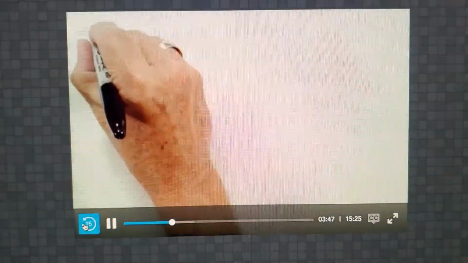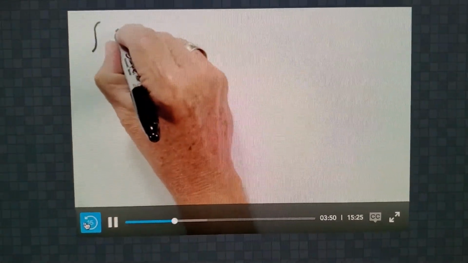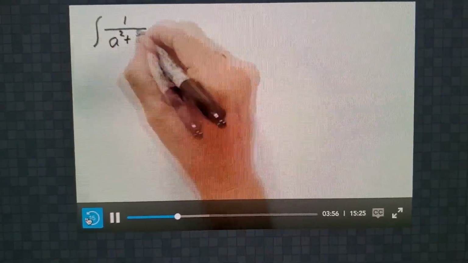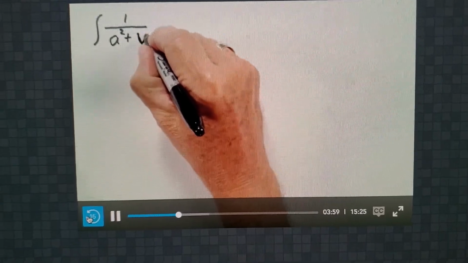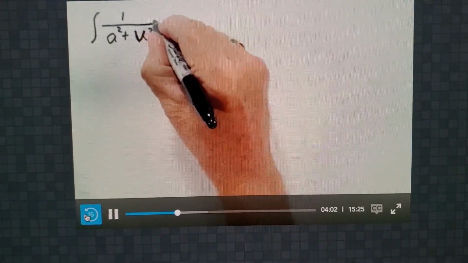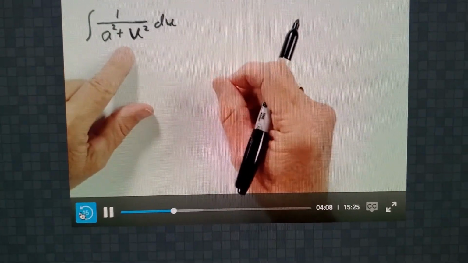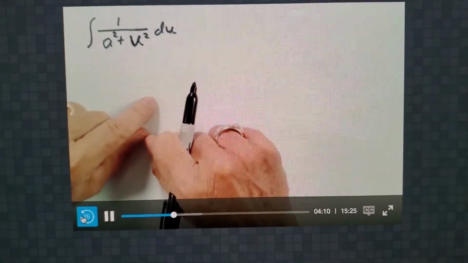So there are actually 3 of these things, 1 for inverse sine, 1 for inverse tangent, and 1 for inverse secant. Now, most people have a hard time memorizing these, but you ought to add them to your list of antiderivatives. The one that we just did was the antiderivative of 1 over a squared plus x squared. To make this even more general, I'm going to call it u squared, where u could be thought of as a whole function of x, like when we do our u substitutions.